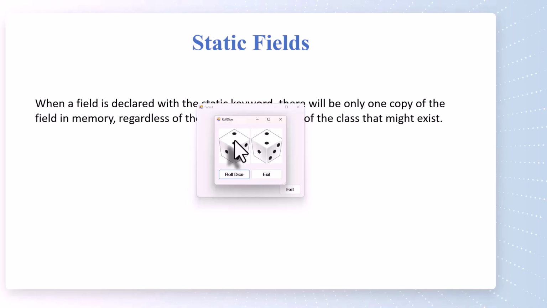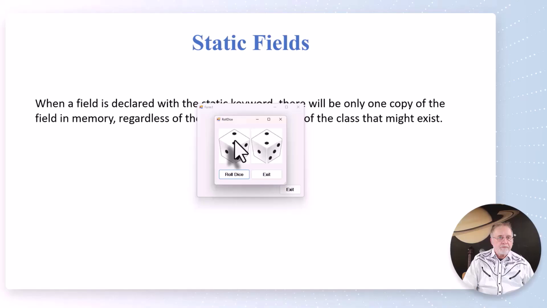I just rolled it twice, and we have 4 dice that popped up, 2 5s, 2 2s. If I want to keep track of that somehow, we certainly could create a variable in our application, and every time we roll the dice, we could make a count and do it that way. However, what if we want to do it inside the class instead? So the class took over that role of being able to count every time it was used. That we can do with static fields.